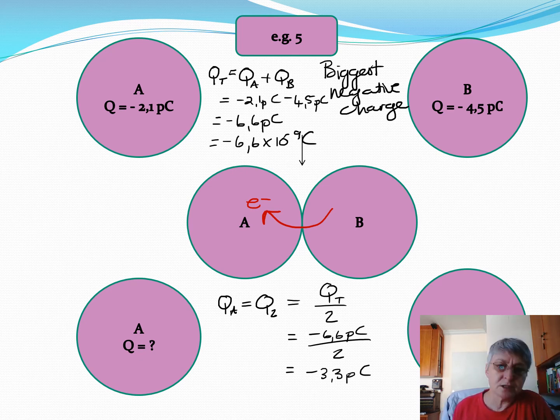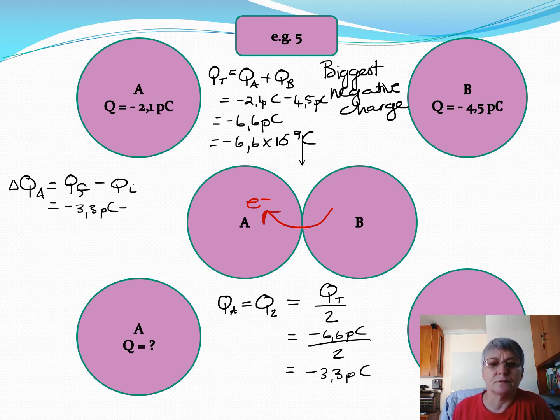Then what is the change in charge on A? Now I know that A has received the electrons, so the change in charge on A should be negative. It's the final charge on A minus the initial charge on A, which is negative 3.3 picocoulomb minus a negative 2.1 picocoulomb.